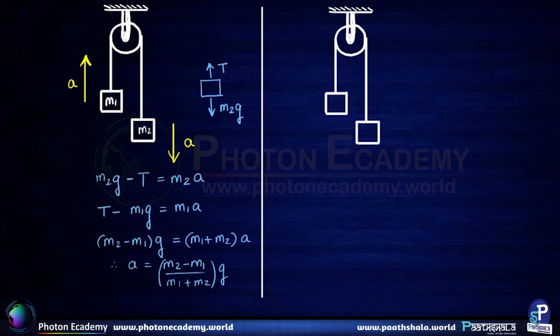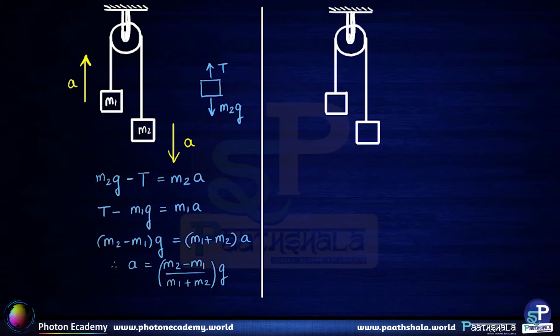The second method is called the method of constrained motion. So in this particular method, we assume that both the accelerations a1 and a2 are pointing in the downward direction.